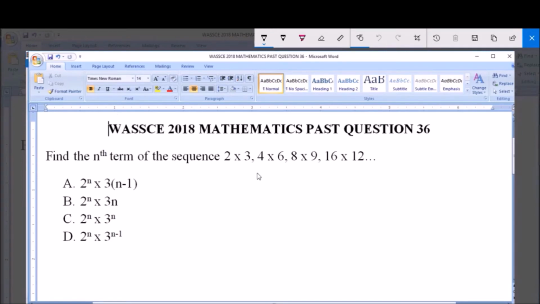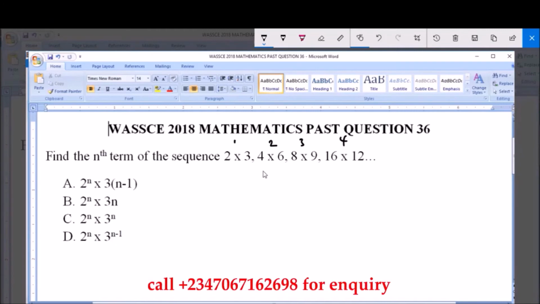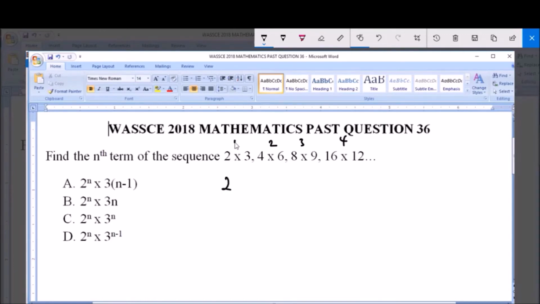Now looking at this sequence, you observe that this is the first term, the second, the third, and the fourth term. You see that the first part of this sequence are powers of 2. Looking at the first term, you have 2 and n is equal to 1.